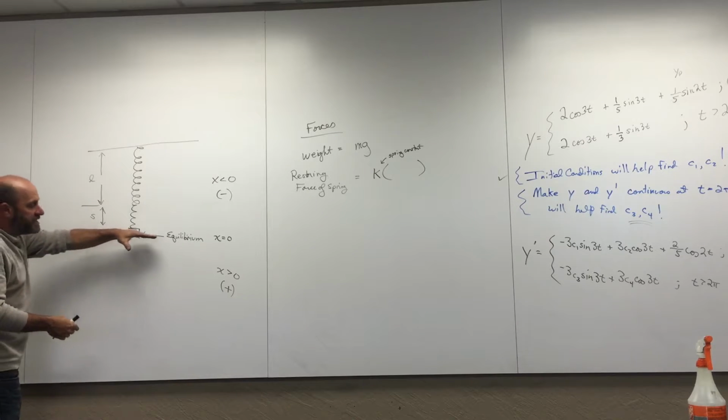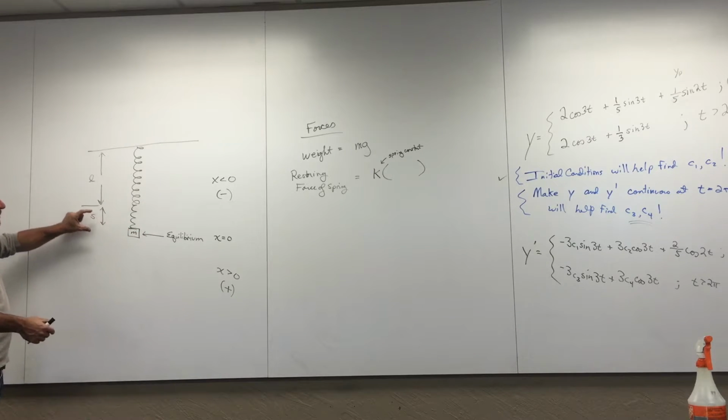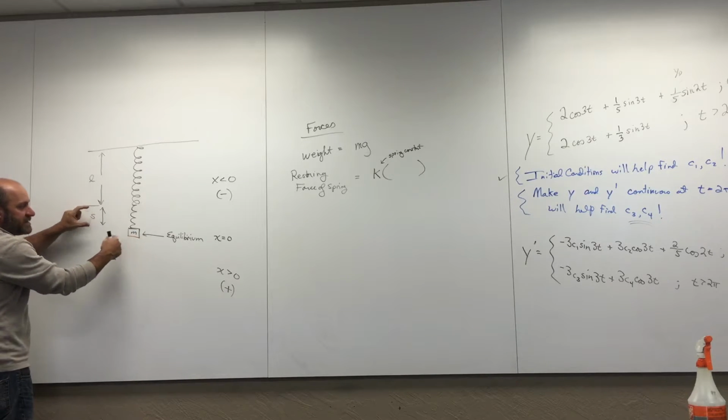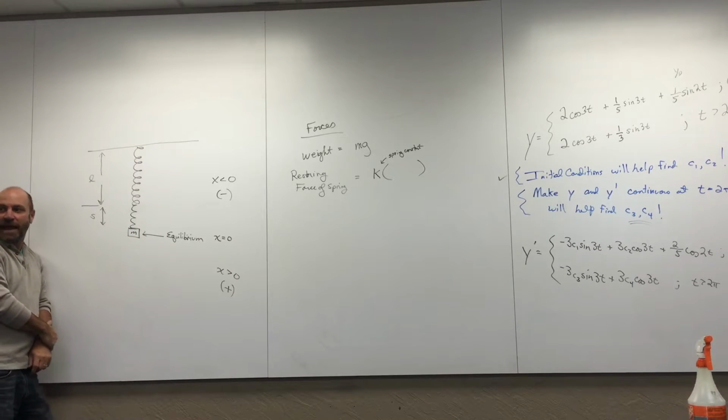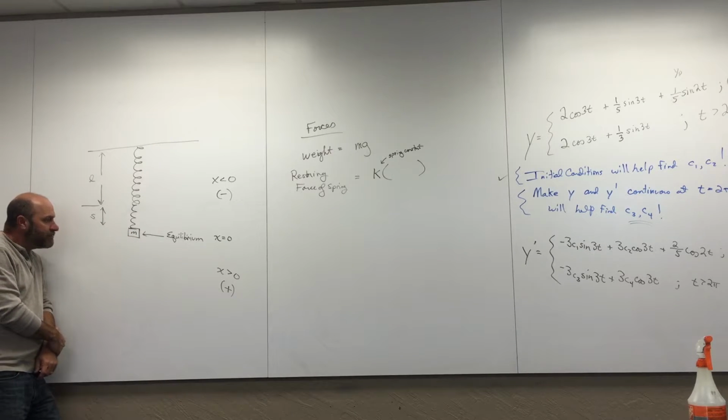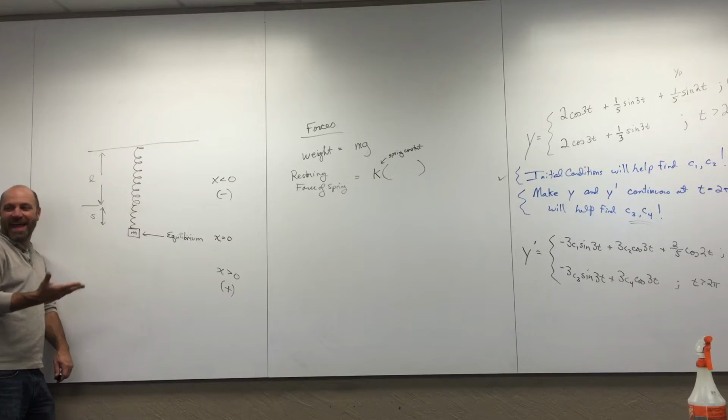So right now, when it's sitting here, how far is it from the natural length? S. But if it's sitting here, there's not much of a DE happening. There's nothing happening.